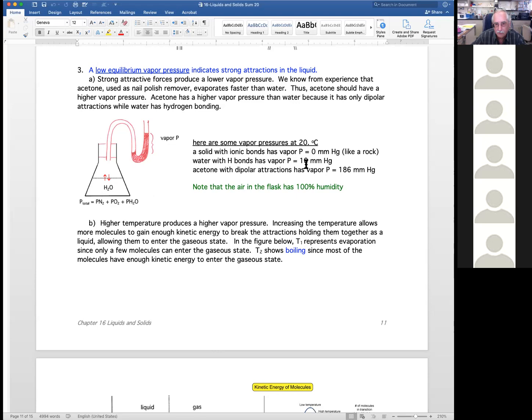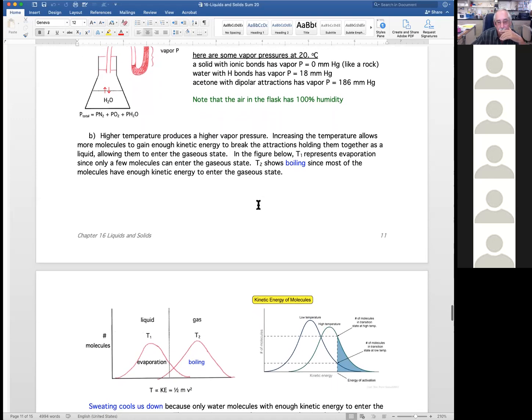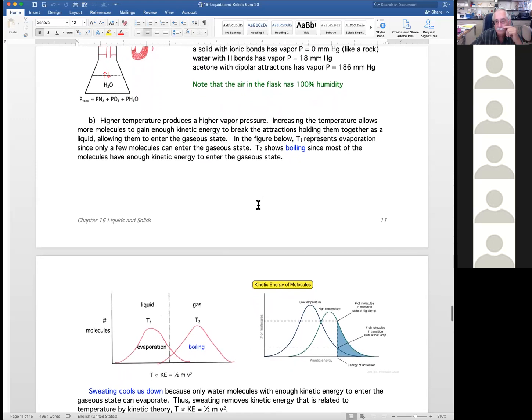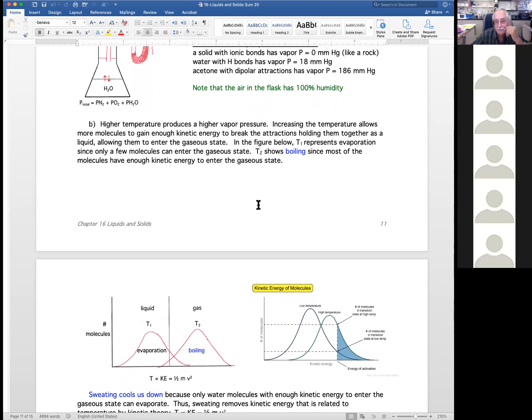The stronger the attractive forces, the lower the equilibrium vapor pressure. Exactly, because it's harder to get into the vapor phase, harder to evaporate. So the vapor pressure would be lower.